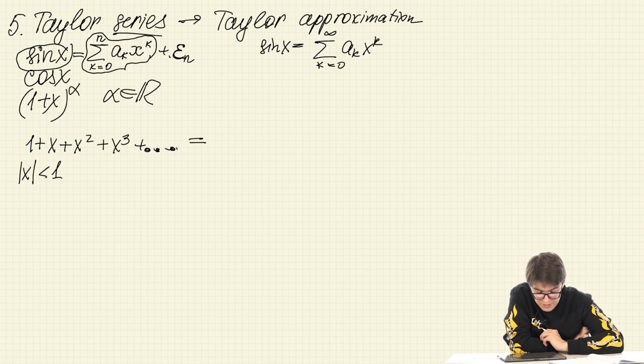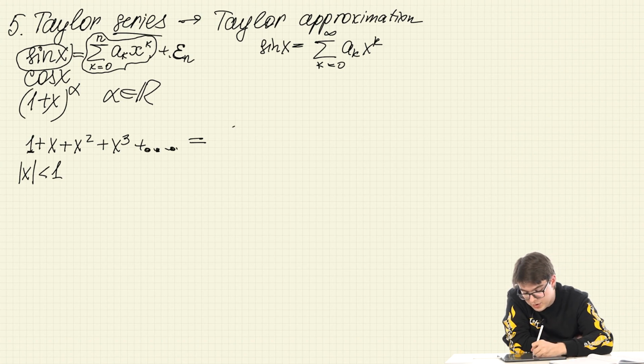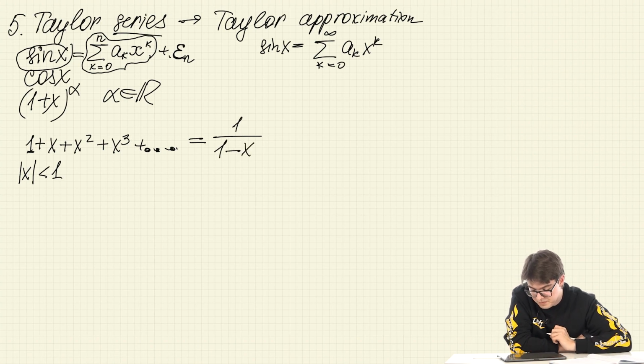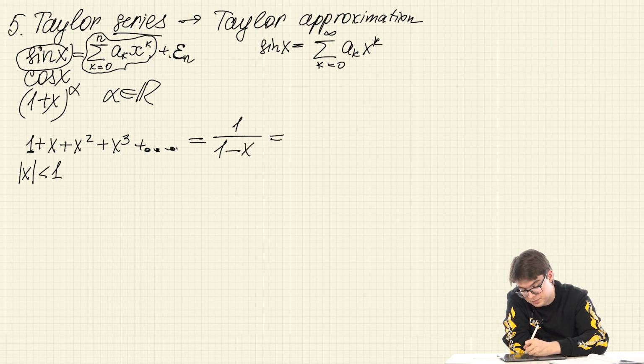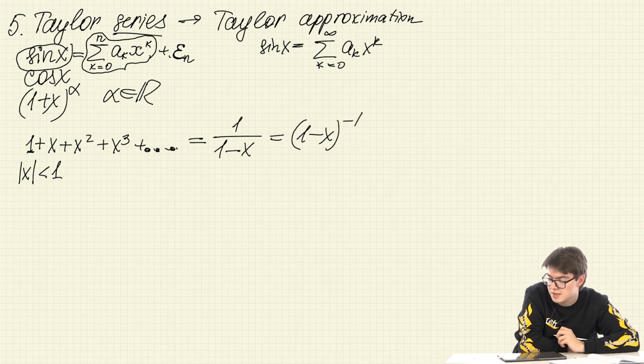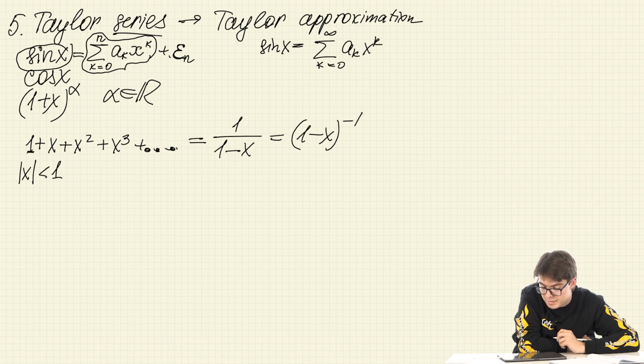And the result, this sum, is infinite. You all know from school calculus that the result is the following, and it might be written as 1 minus x in the power of minus 1.